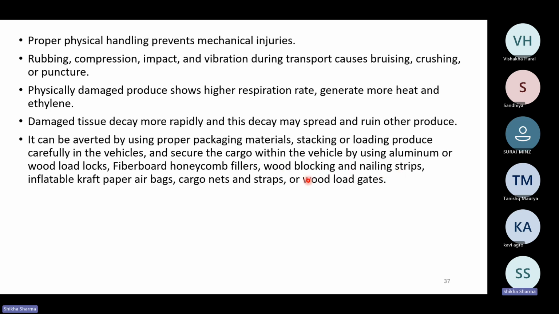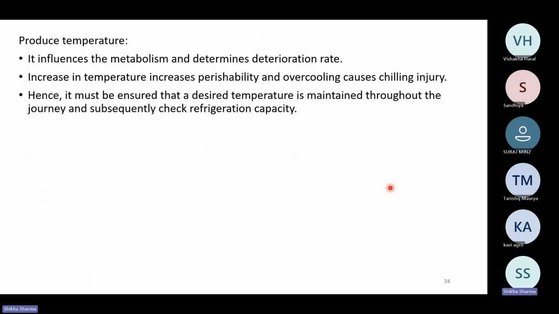Wood blocking and nailing strips, insulated craft papers, airbags, cargo nets and straps, or wooden load gates. So we should provide cushioning from all sides and handle properly so that mechanical injury will be lesser.